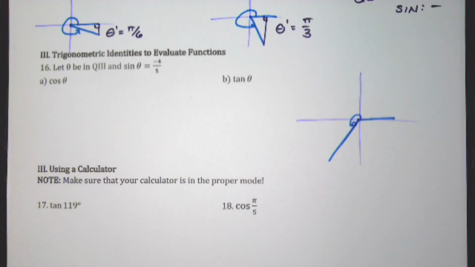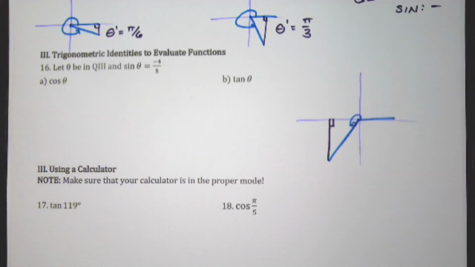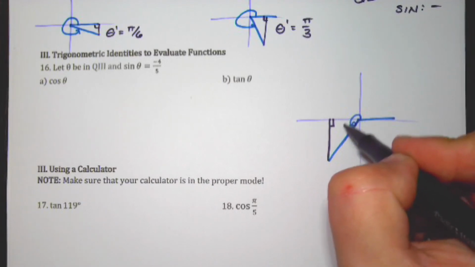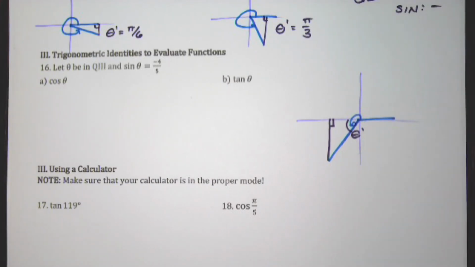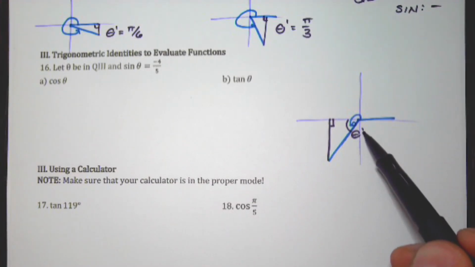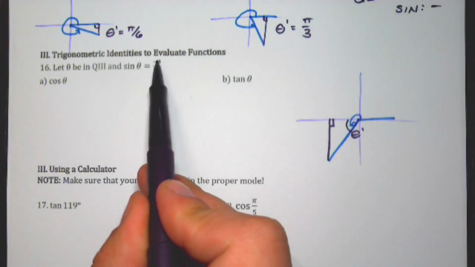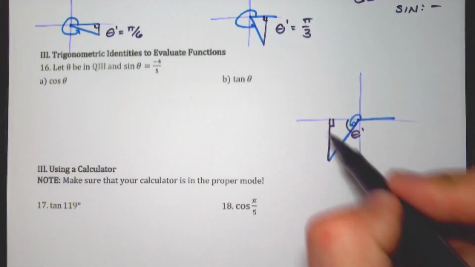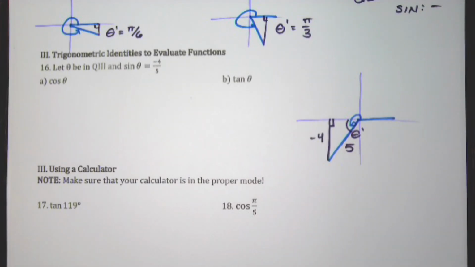So if it gives me a sine, I'm just going to be, again, dealing with reference angles. But the issue now is I don't really know what this theta prime is yet. But I do know something about it. I do know that sine of this whole large angle is negative 4 over 5.